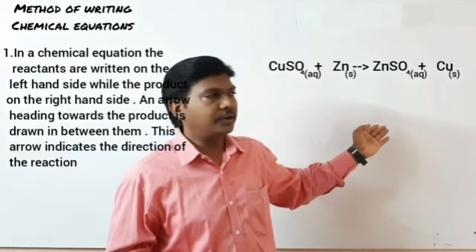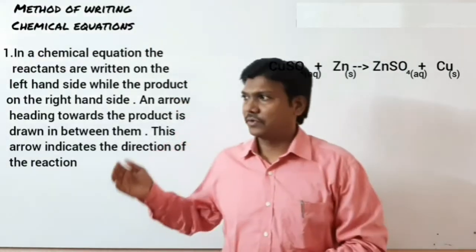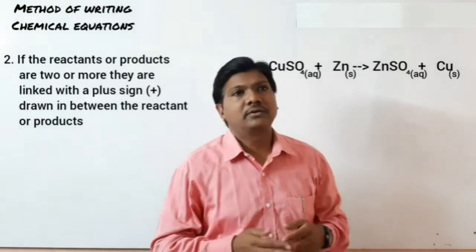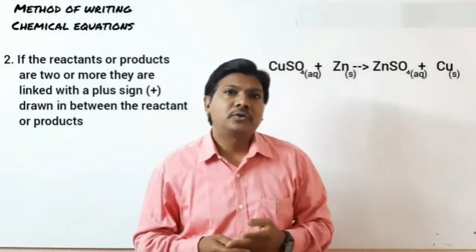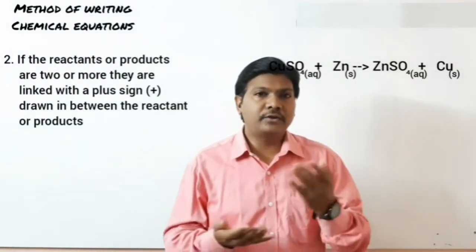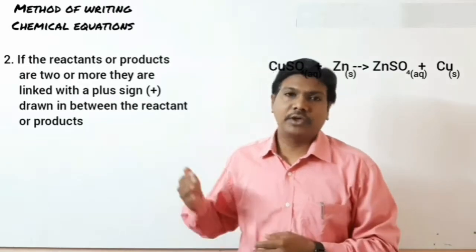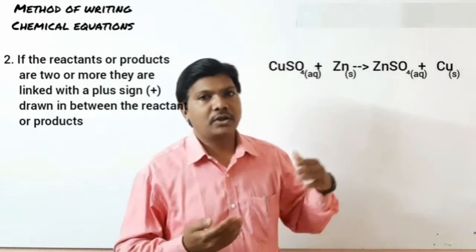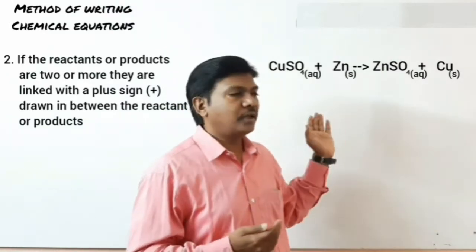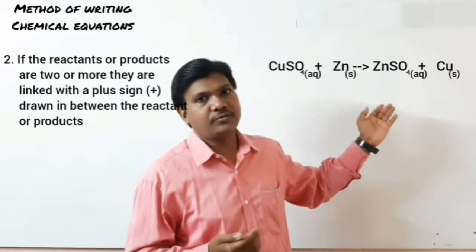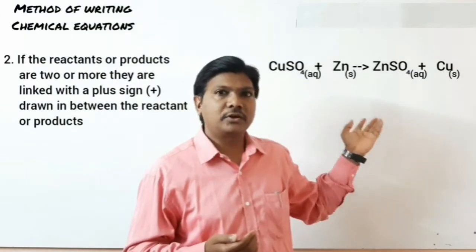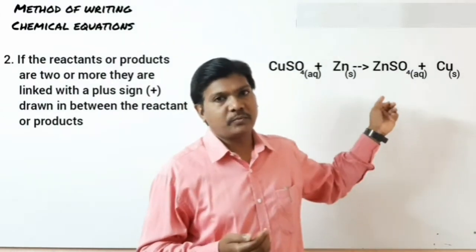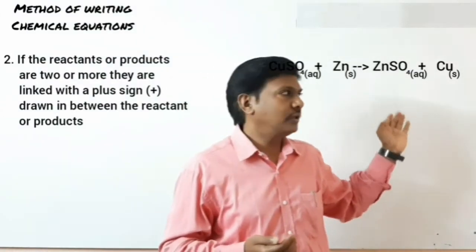Then if the reactants or products are two or more, at that time they are linked with a plus sign drawn in between the reactants or in the products. See here, copper sulfate plus zinc, here the reactants are 2, so in between them we give a plus sign.